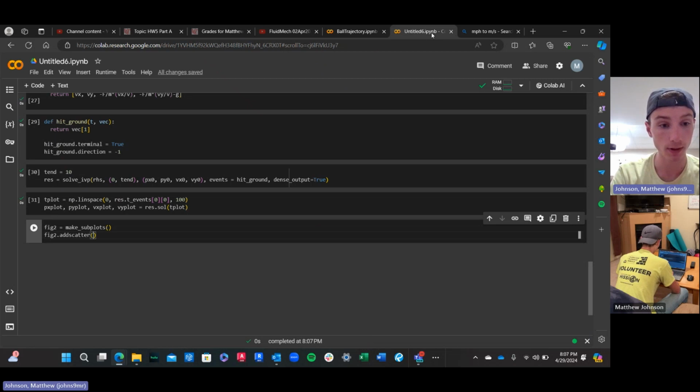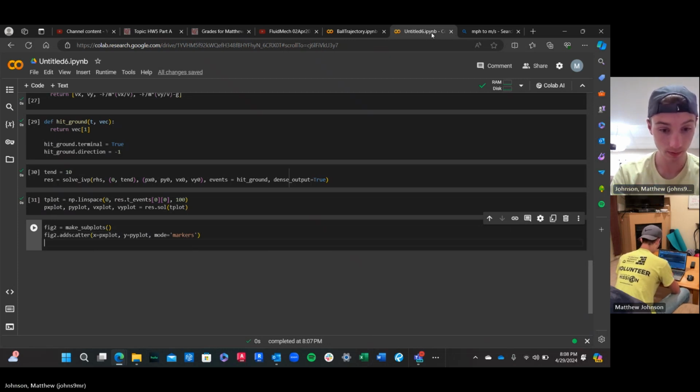For our x values, we want the x plots, right? And for our y values, we want the py plot. And for mode, let's do markers.